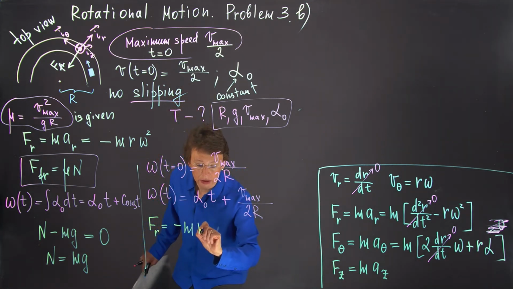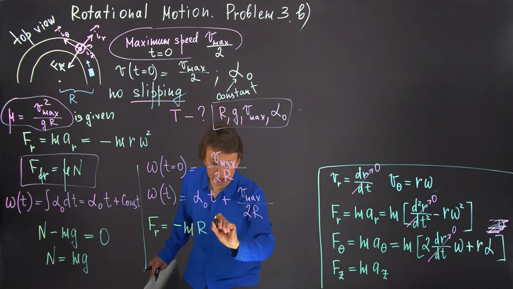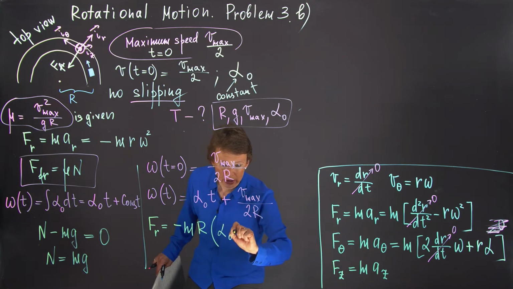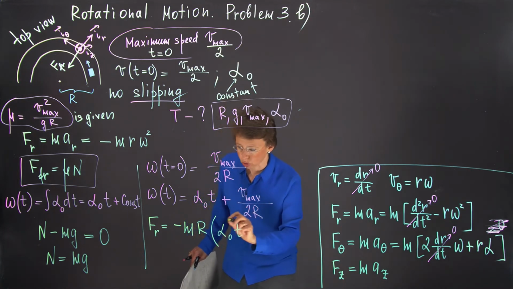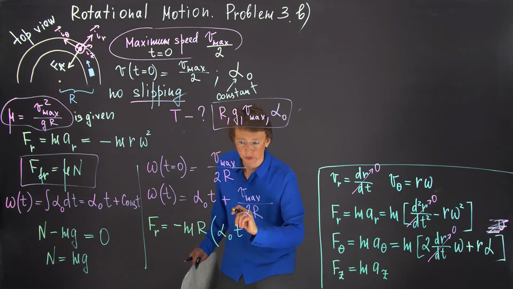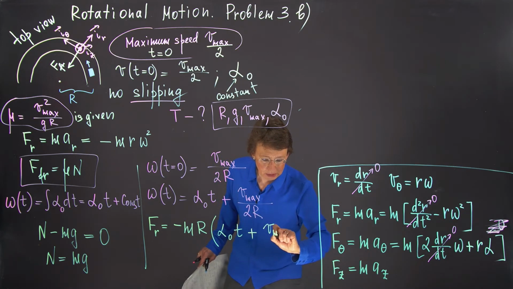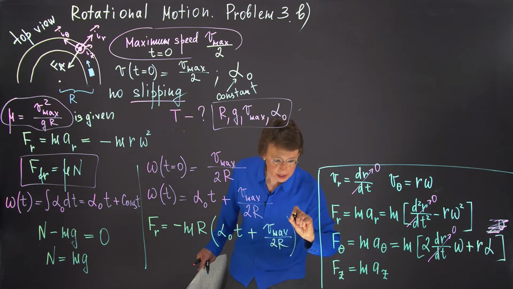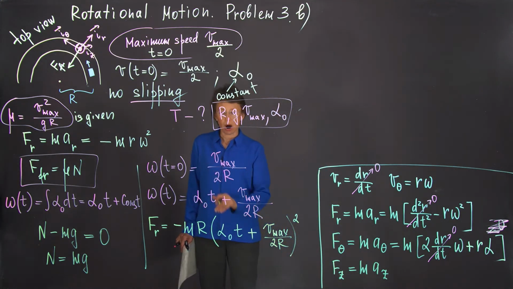R is capital R. And omega squared is this expression: alpha naught t, where this t is any time moment, I'm just writing F r as a function of time, plus v maximum over 2r, and this is squared. This is F sub r, the component of force of friction.